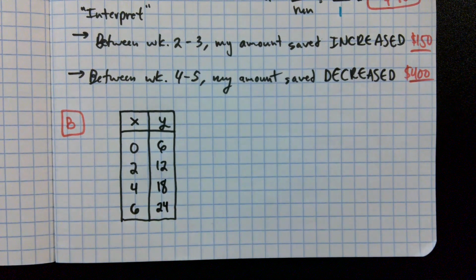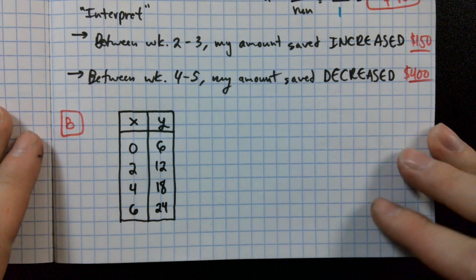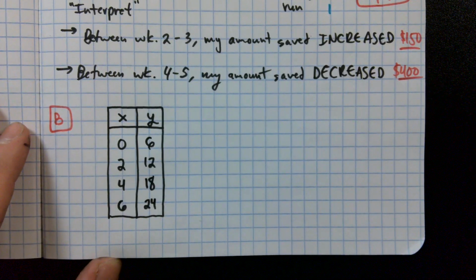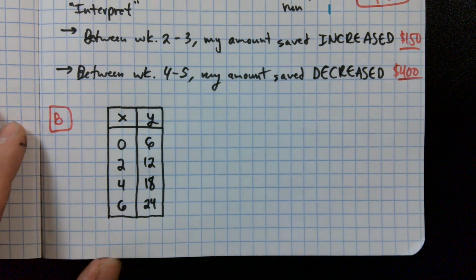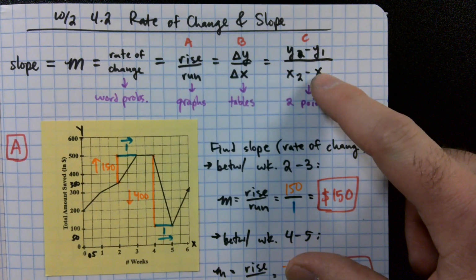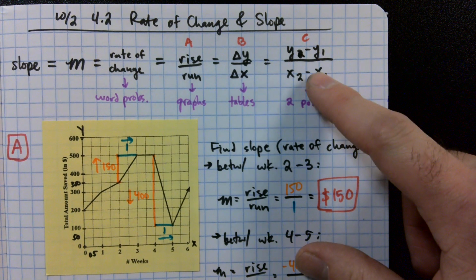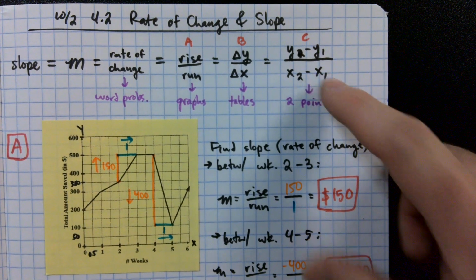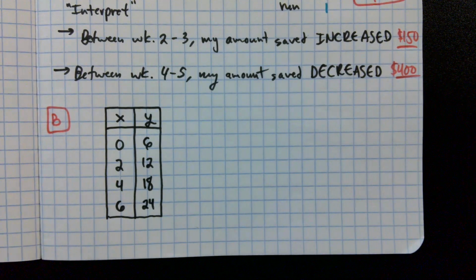What's that noise? 0, 6, 2, 12, 4, 18, 6, 24. Is there going to be an answer sheet? Like another table or something? No, another. Yeah, we're going to do the points. Okay. See right here? Bless you. So I'll go on to the next page.